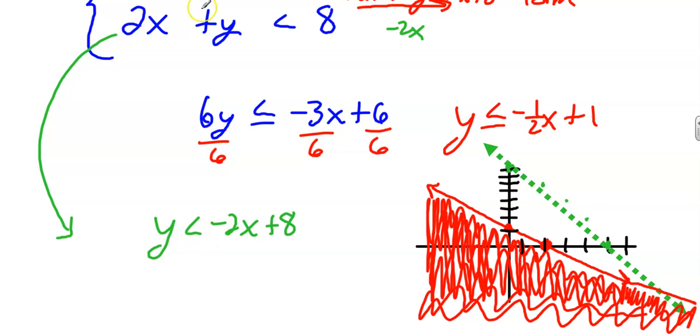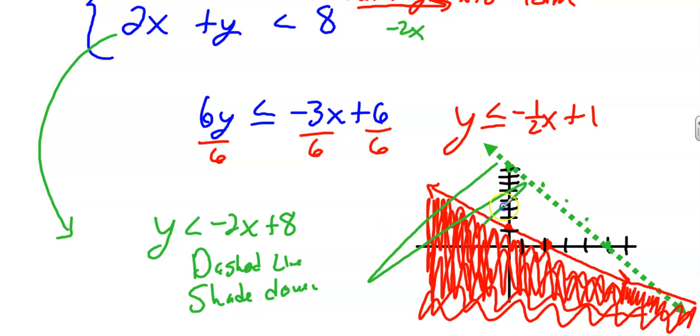Okay, the green line, this one was a dash line, and we're going to shade down. So if we start shading that one, if you want to angle it a little bit, you can. Basically, we're going like this.